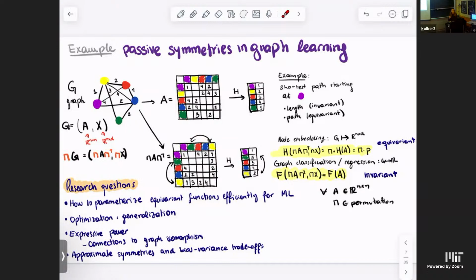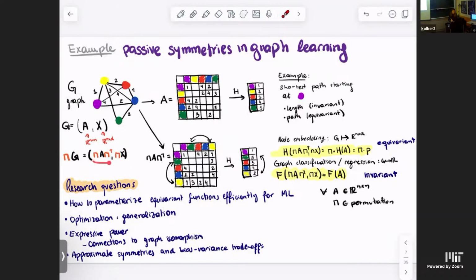You can think of this as a passive symmetry. These two matrices represent the same graph. So writing G as A, X, adjacency and node features, is the same as writing pi G, which applies the action by this permutation group, by conjugation on the adjacency matrix and by multiplication on the node features.